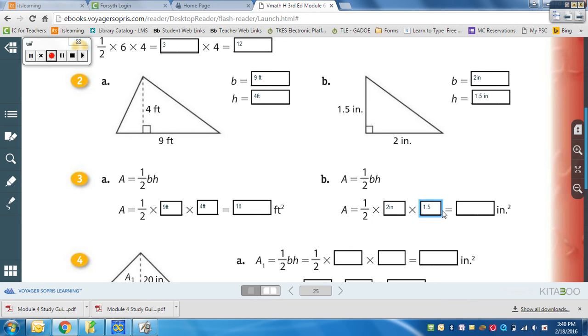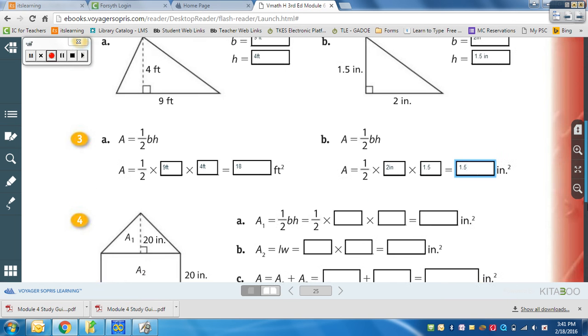So now what is the area of the triangle? It is 1/2 times 2 times 1.5. So 1/2 of 2 is 1, and 1 times 1.5 is 1.5 inches squared.